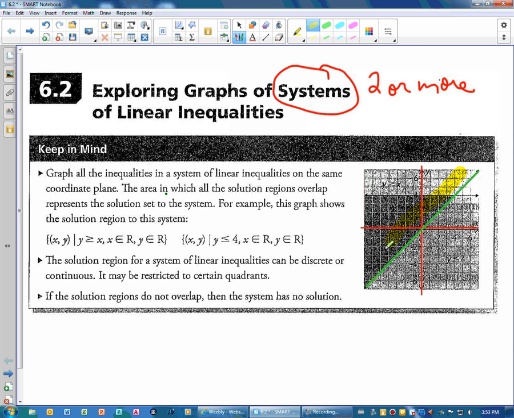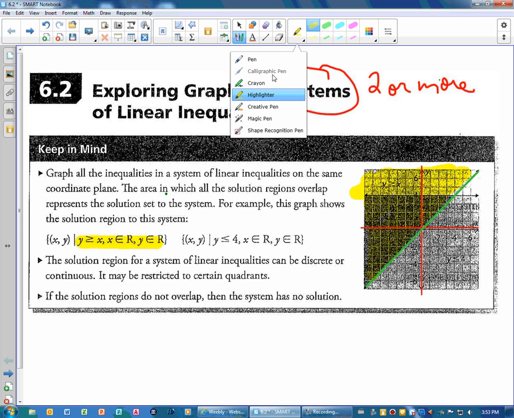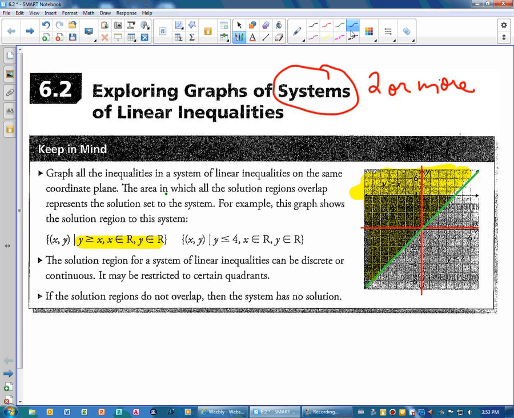I want everything above the green line, including touching the green line because it's greater than or equal to. That is the solution for this.